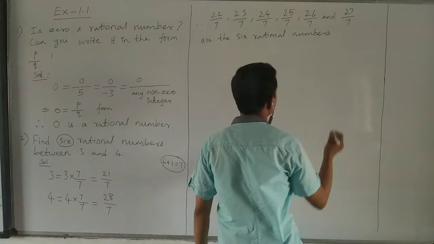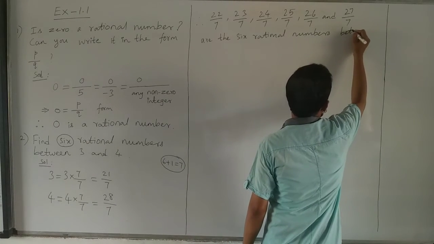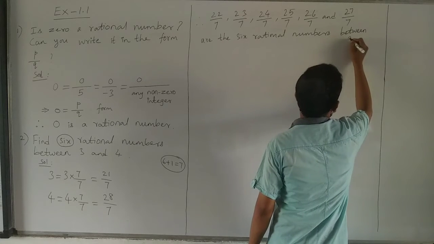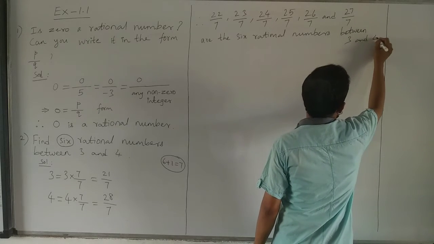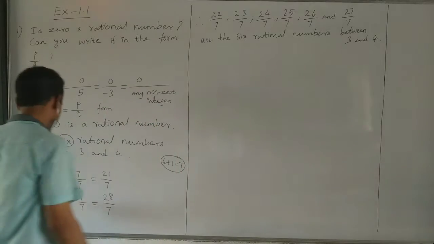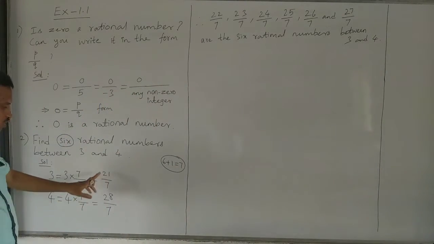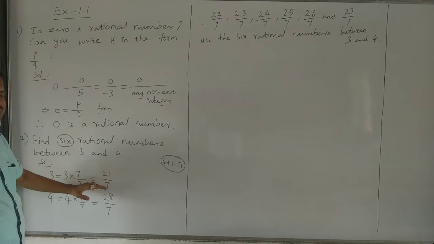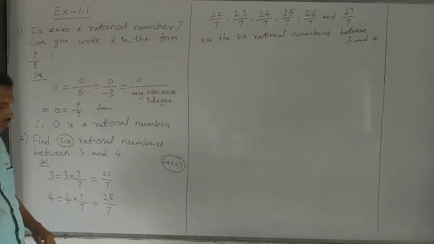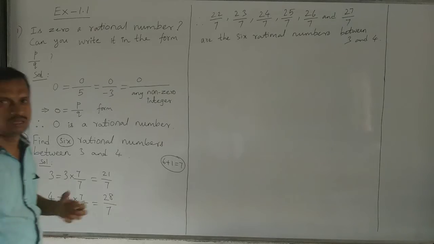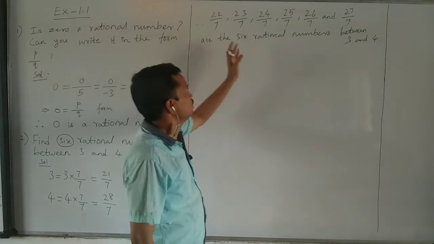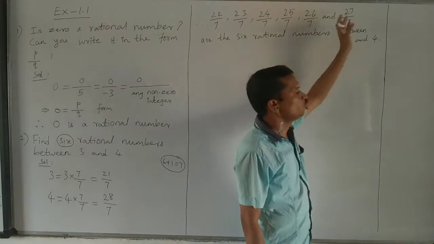6 rational numbers between 3 and 4. So you can write like this, and we can collect the numbers between these two. Keeping the denominator 7 in all the numbers, you can easily pick out 22 by 7, 23 by 7, and so on to 27 by 7.